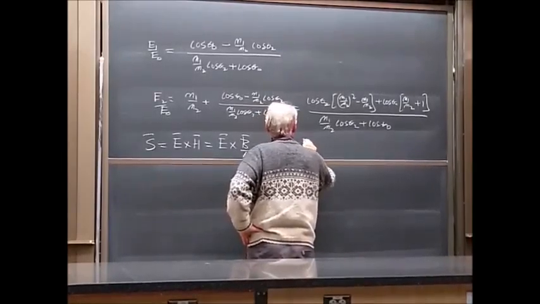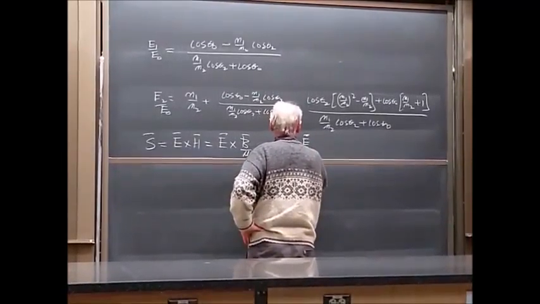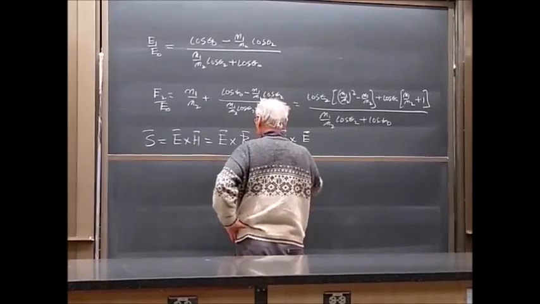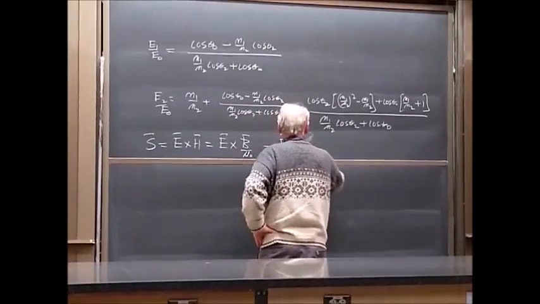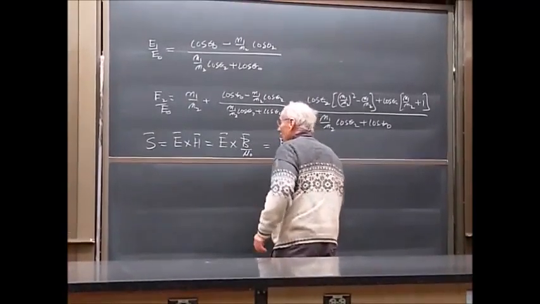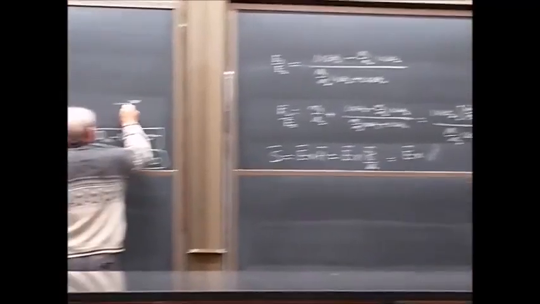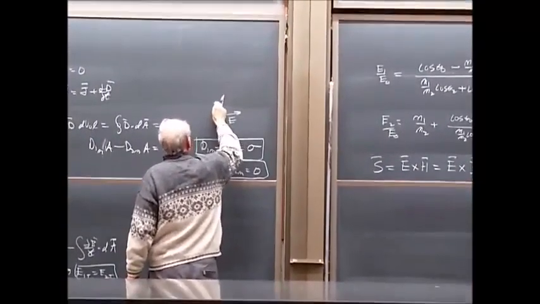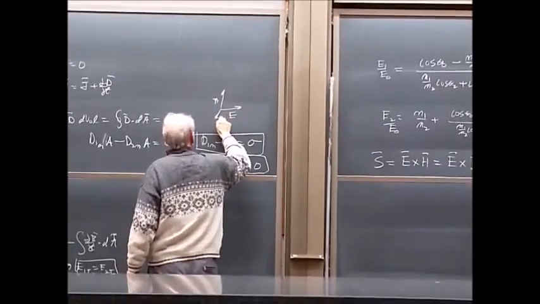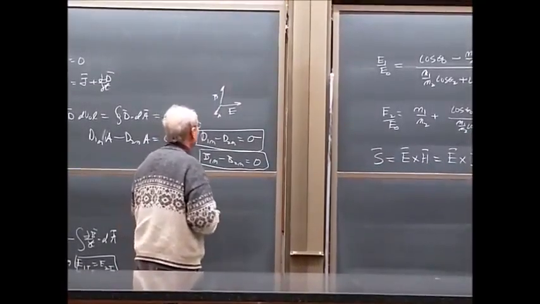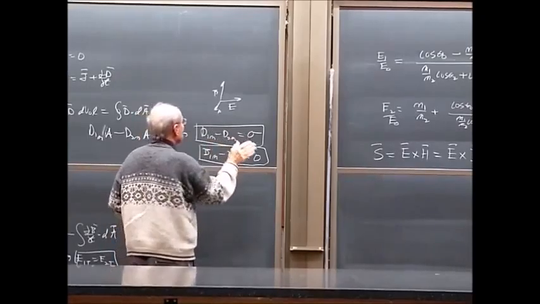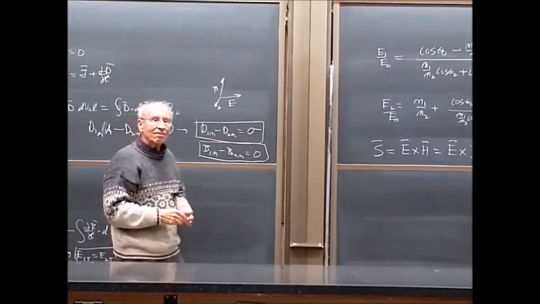But now what is B? Well, if this is E, this is B, then K comes out of the board. And so B would be given by K cross E.